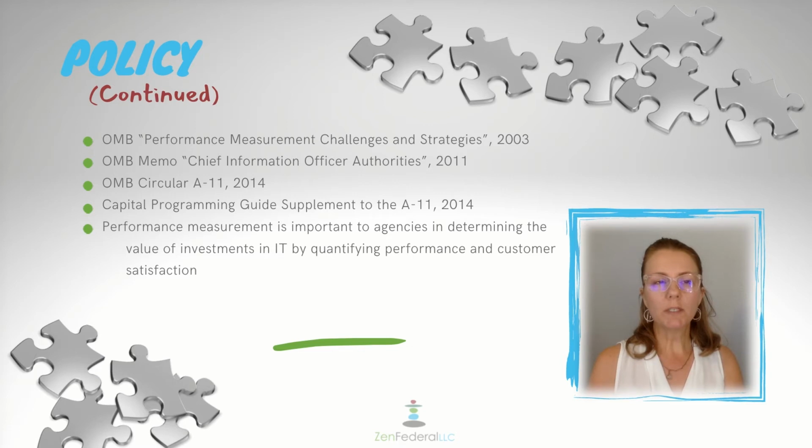Specifically, it's important to note that performance measurement is important to agencies because it helps us determine the value of investments in IT or capital assets by quantifying performance and customer satisfaction.